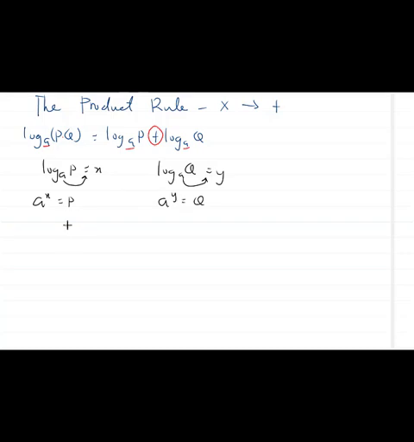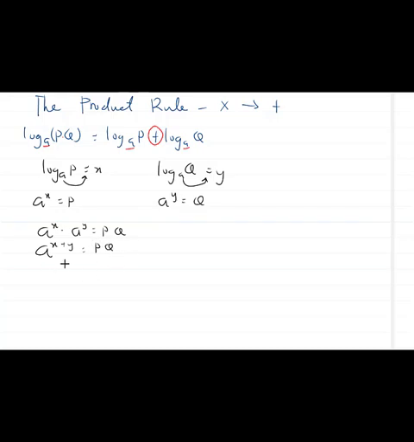Then, because you are multiplying, let's multiply these two equations. So I can say a to the power of x times a to the power of y will give us p times q. Now with indices, when the bases are the same and they are multiplying, we can add the powers. So we can write it as a to the power of x plus y is equal to pq.